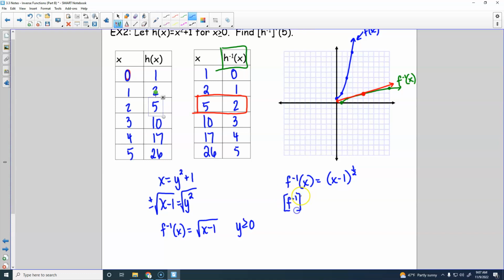We do f inverse, we put brackets around it, and we put the prime on the outside to show we're taking the derivative here. And so this would be 1/2 times x minus 1 to the negative 1/2 times the derivative of the inside. But what is the derivative of x minus 1? It is just 1. So that would be 1 over 2 square root of x minus 1.